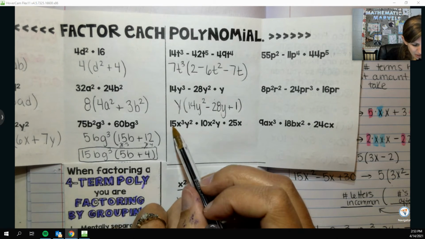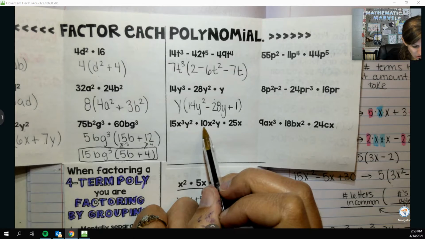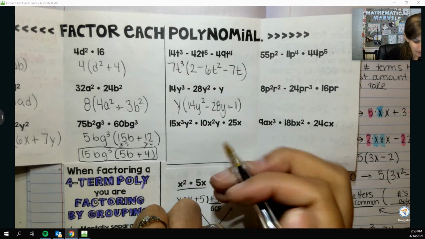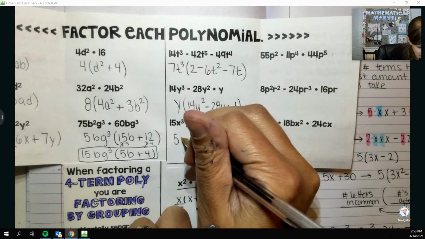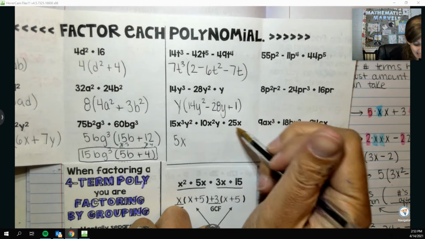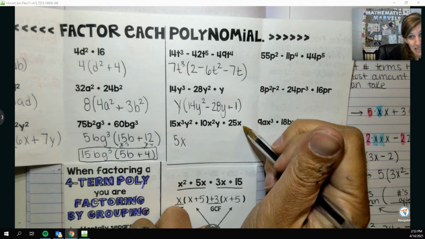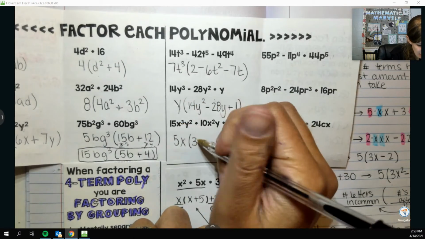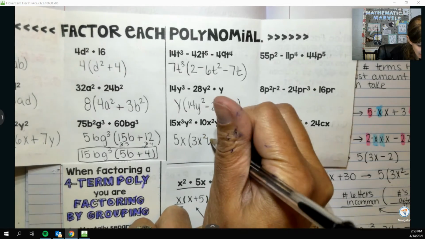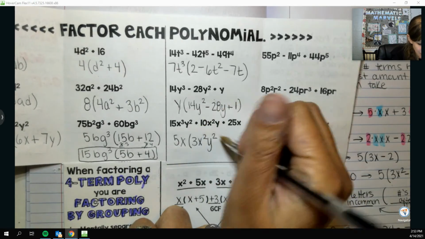Alrighty, looking down here, numbers first. Best I can do is a 5. X is next. I can only take 1. And I can't take any y's because this guy doesn't have any for me to take. So 5 times 3 is 15, and I have 2 x's left and 2 y's left.